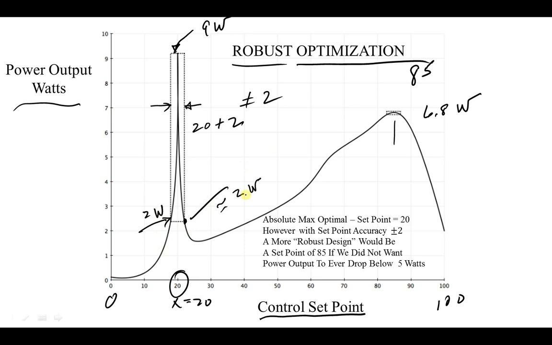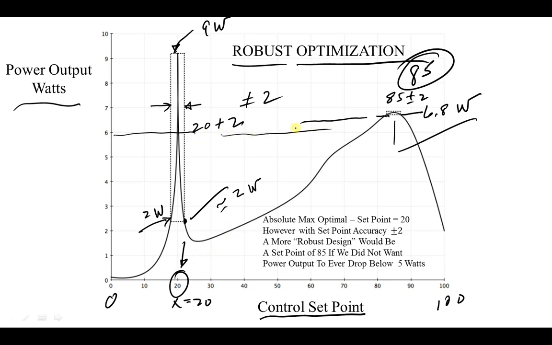And you might have a requirement that the watts not drop below, say, 6. So you'd be in real trouble if you went for the optimal and couldn't quite set it. But notice if you went for what we call a suboptimal amount and picked a set point of 85 and could vary at 85 plus or minus 2, you would still have a very comfortable output that is above the required 6.